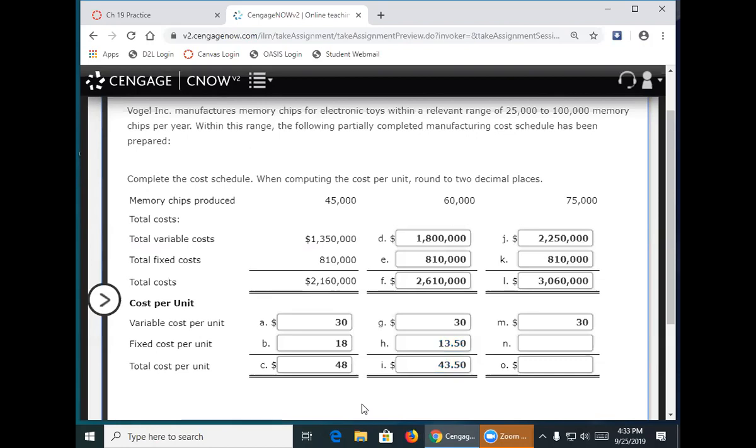Because you're taking that fixed cost and spreading it across more units. And then at the 75,000 level, my fixed cost per unit is $10.80. So it drops even further, and total cost per unit goes to $40.80.